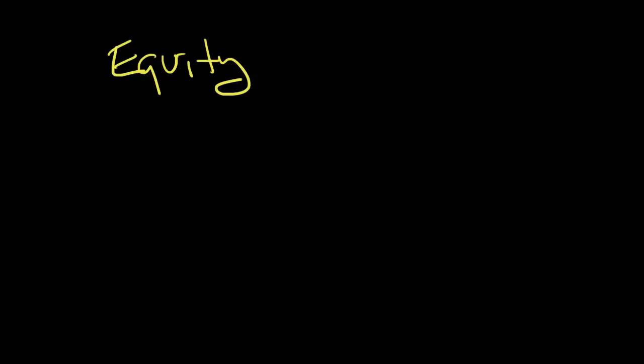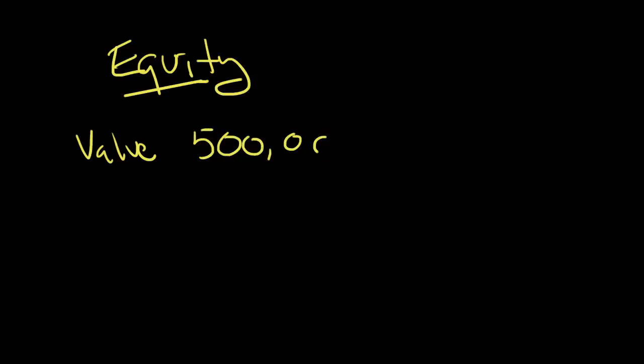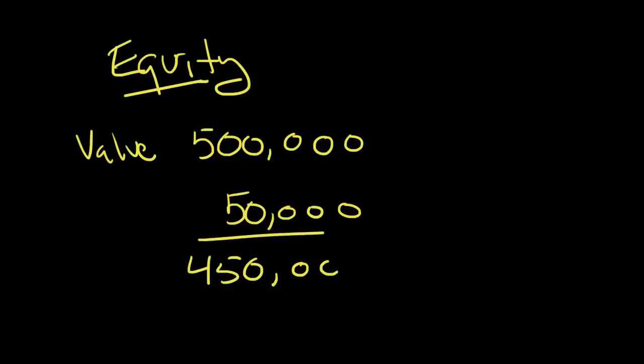And since we mentioned reverse mortgage, we kind of also touched briefly upon the concept of equity. Equity typically means that if the value of the house is, say, $500,000 and you only owe $50,000, this would be a situation where you certainly would be house rich by the tune of $450,000.